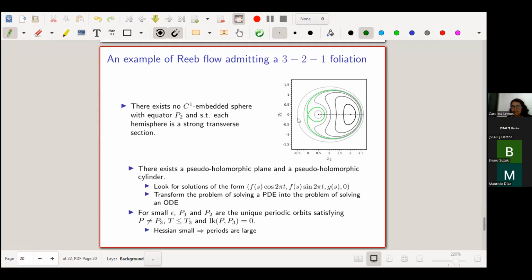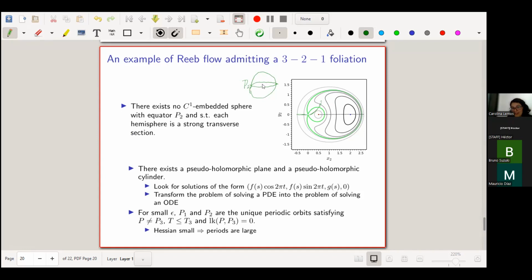And I will not explain a lot, but basically we can also check the hypothesis of non-existence of a sphere like this to the orbit P2. We can really show this because the main idea is that on a sphere would be something like this. We really know what the invariant, stable and unstable manifolds are, and they really divide your energy level in 2 regions.